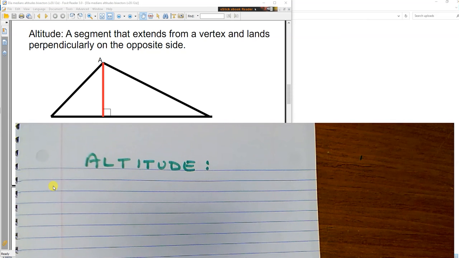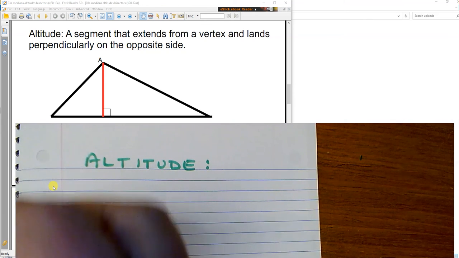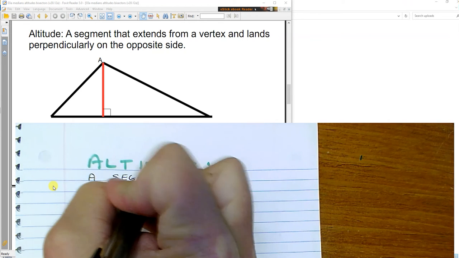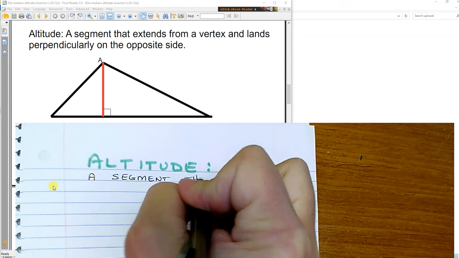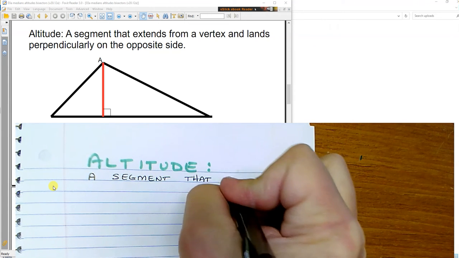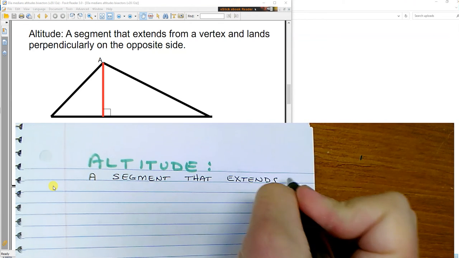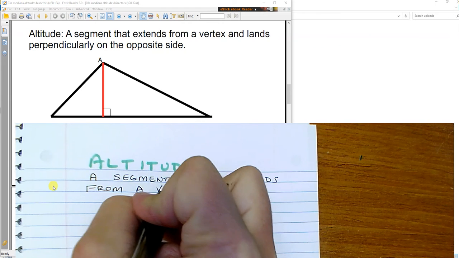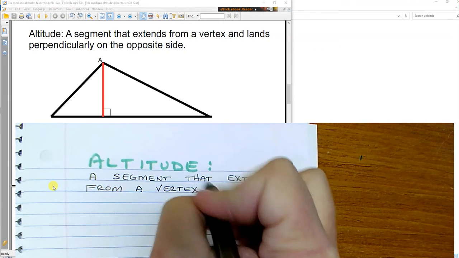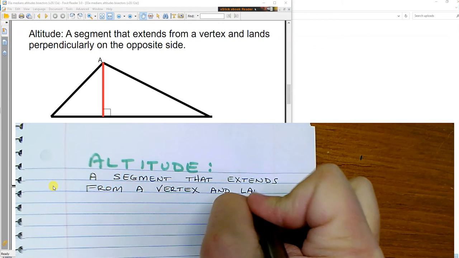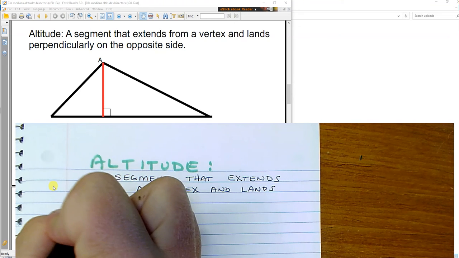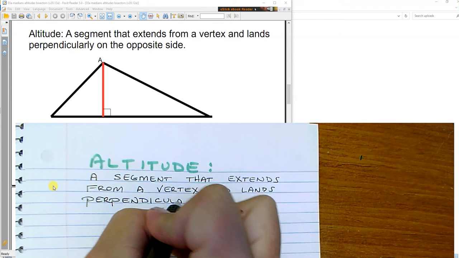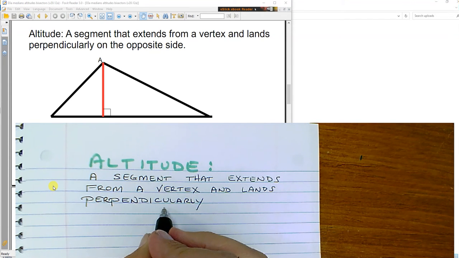A segment that extends from a vertex and lands perpendicularly on the opposite side.